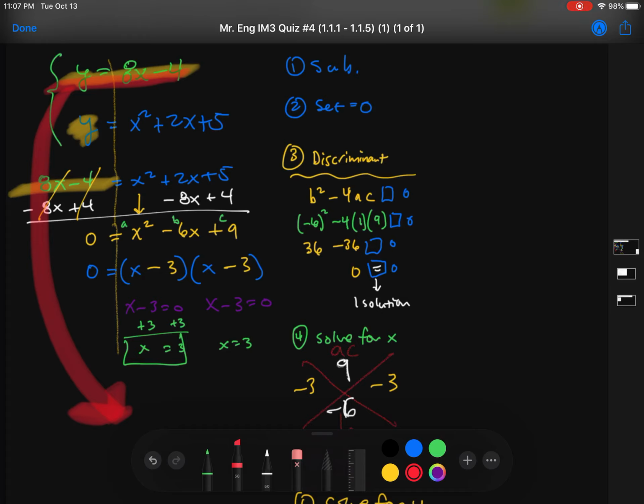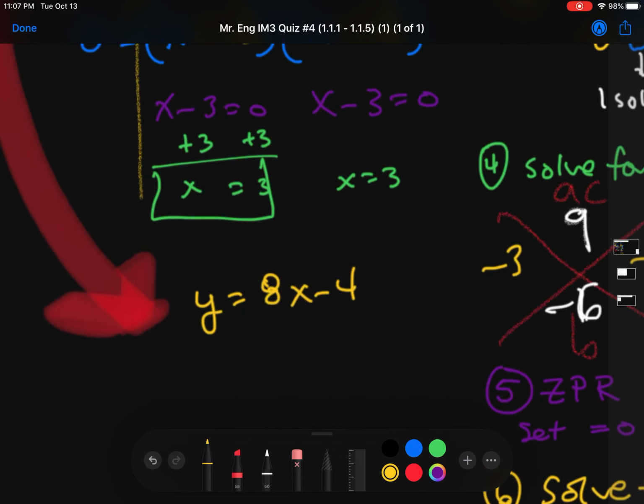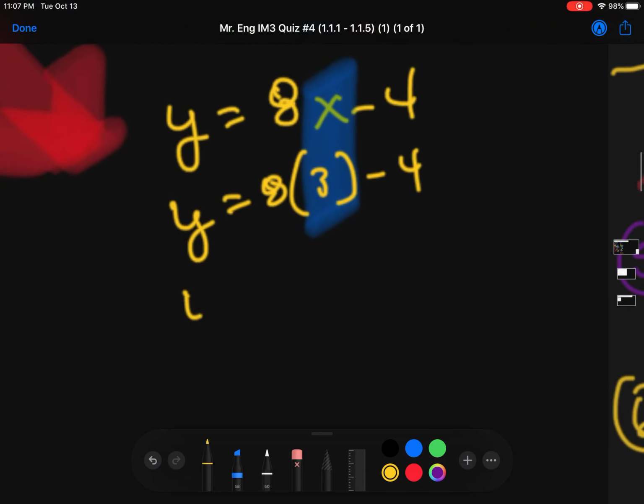So I think y equals 8x minus 4 is the easiest one. So let's write that. Y equals 8x minus 4. And basically, anytime I see x, we can write 3. I see an x, I'm going to write 3. Remember, it's by multiplication. So we have y equals 24 minus 4, y equals 20.